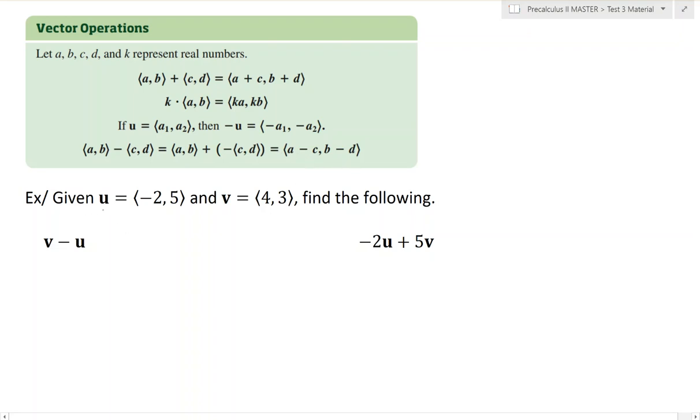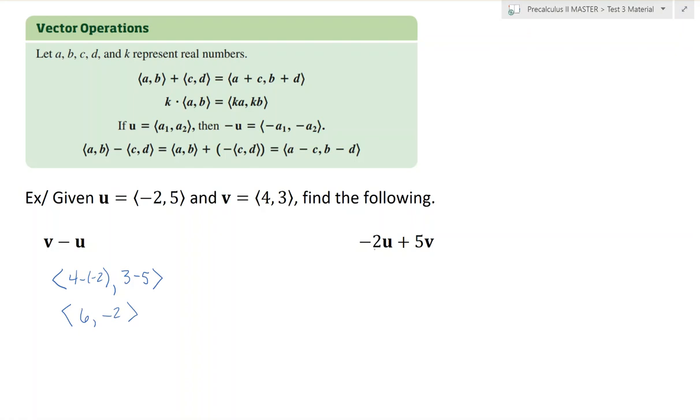All right, given that our vector u is negative 2, 5 and vector v is 4, 3, we want to find the following. First, v minus u. So we get an angle bracket here of 4 minus negative 2, and 3 minus 5. And simplifying that, I get 6 comma negative 2 in my angle bracket.